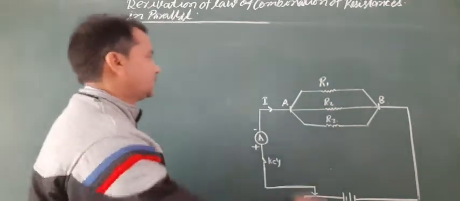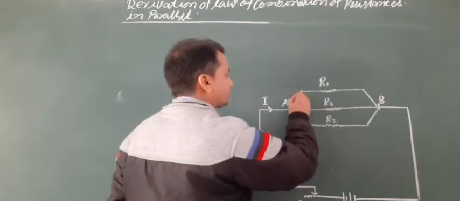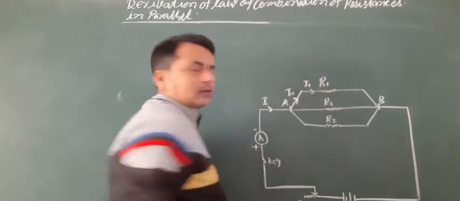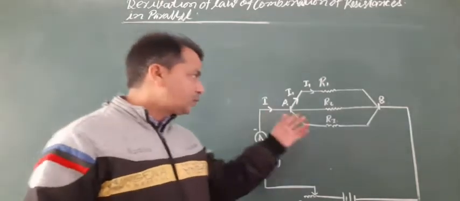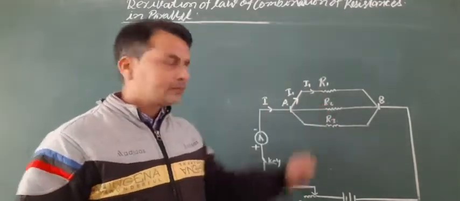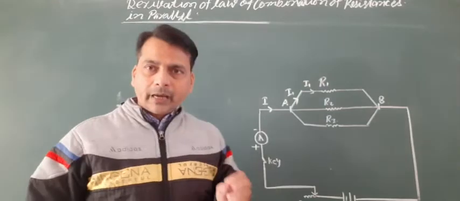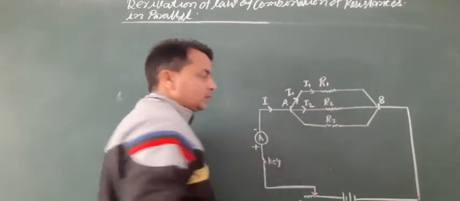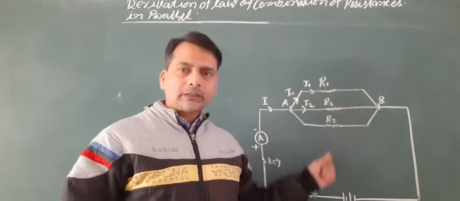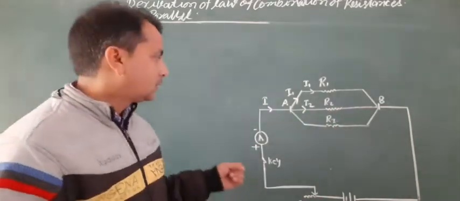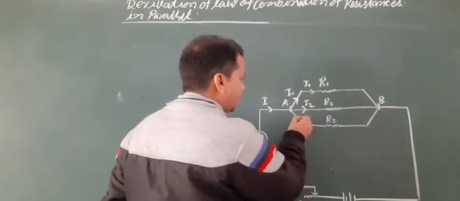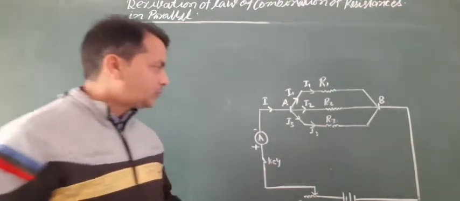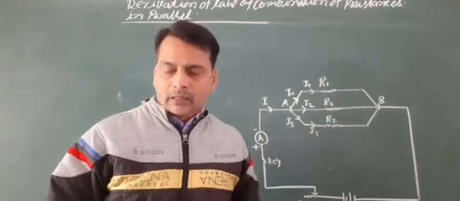Suppose current I1 flows through the resistor R1, current I2 flows through the resistor R2, and next, current I3 flows through the resistor R3.